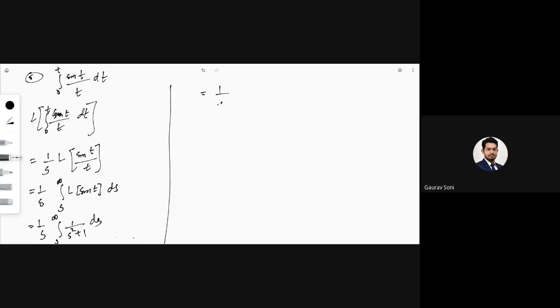Now 1 by s, integration of 1 upon s square plus 1 is tan inverse s, with limits from s to infinity. So this is 1 by s in bracket, tan inverse of infinity is pi by 2, minus tan inverse of s.